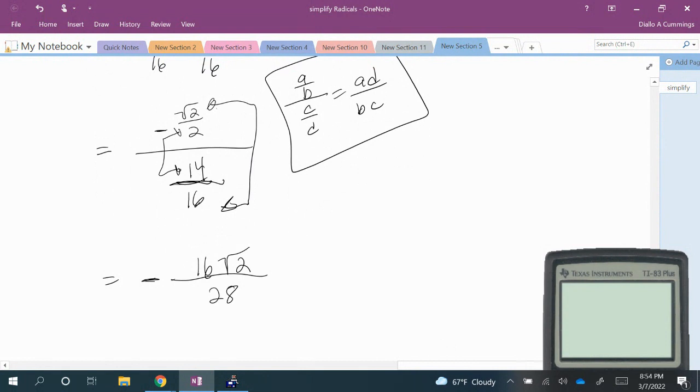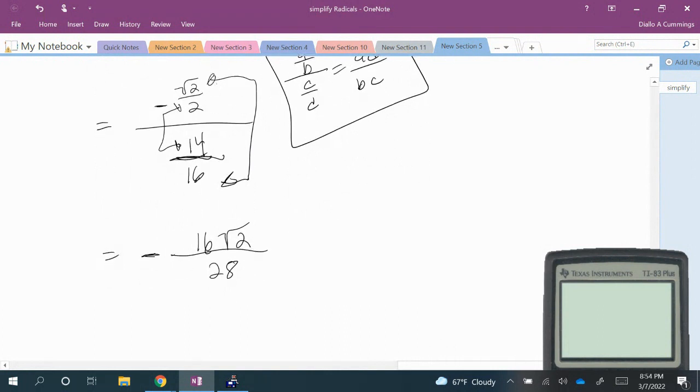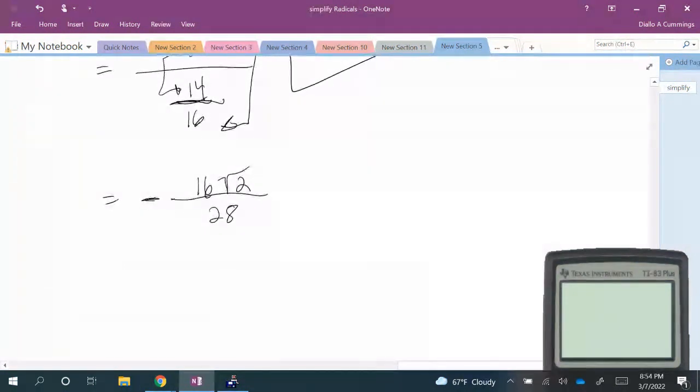The last thing to do here is to simplify. I can reduce 16 over 28. We can divide both of these by 4. So I have negative 4 square root of 2 over 7.